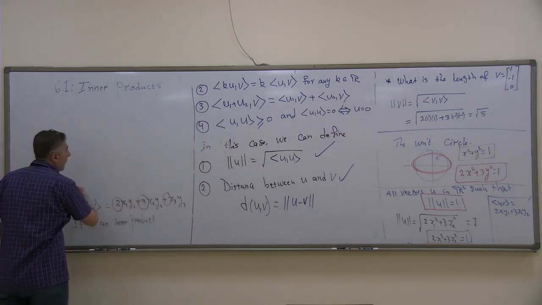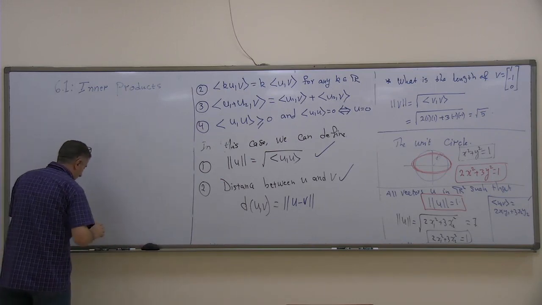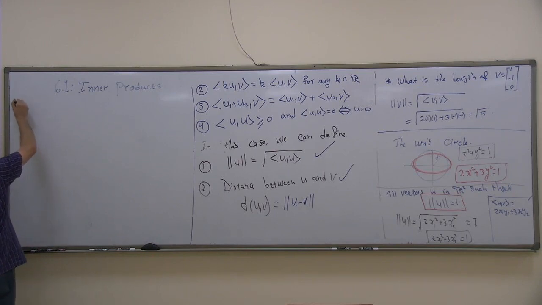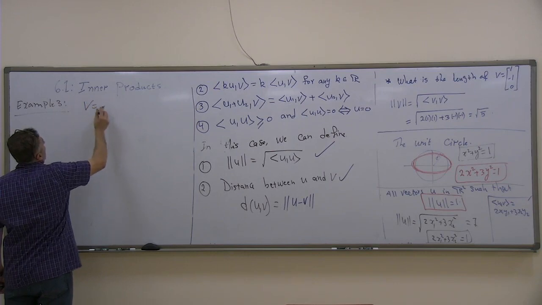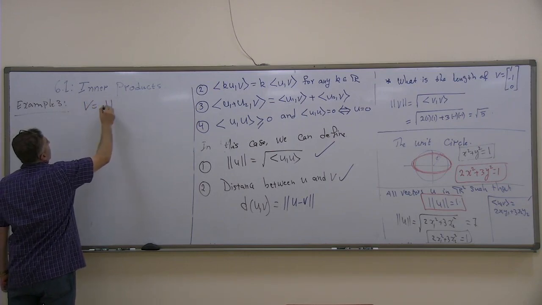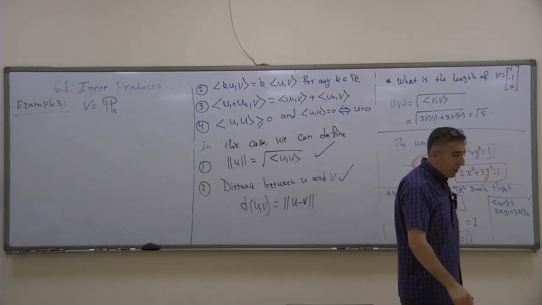So far, we are talking about Rn. Let's take a different vector space. This is example 3. My vector space V equals P2, polynomials of degree at most 2.